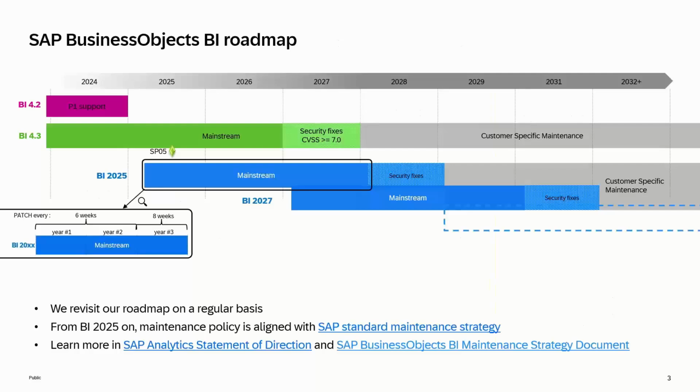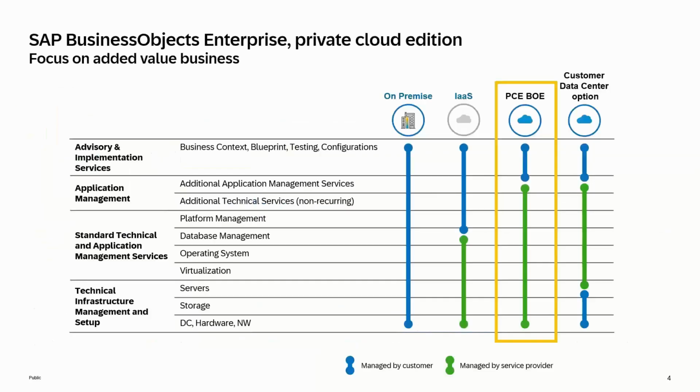I changed this slide recently. There was a gray line with branches explaining that we were synchronizing on-premise and private cloud edition. I changed that. But of course, you still have the choice to deploy business objects either on-premise or as managed cloud.